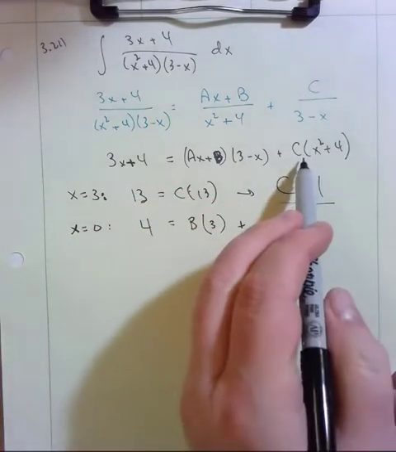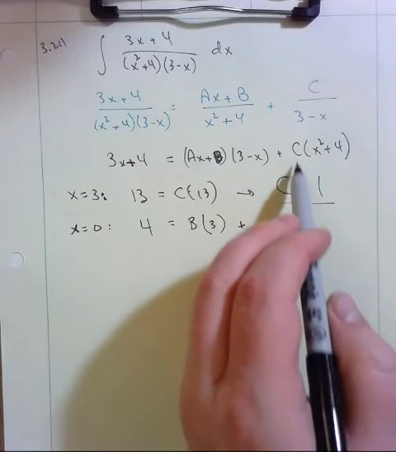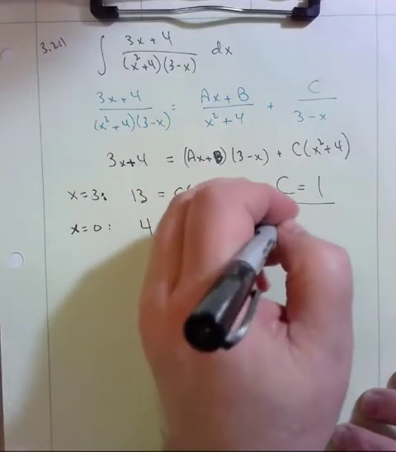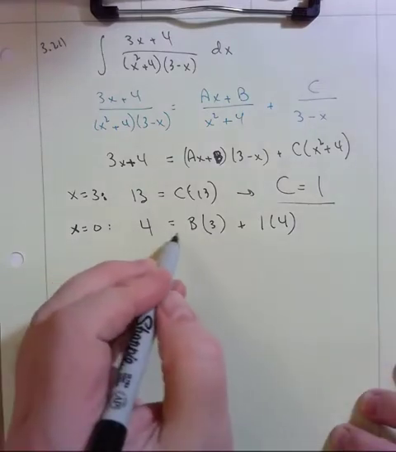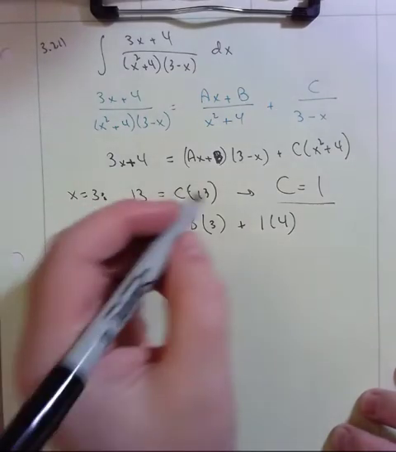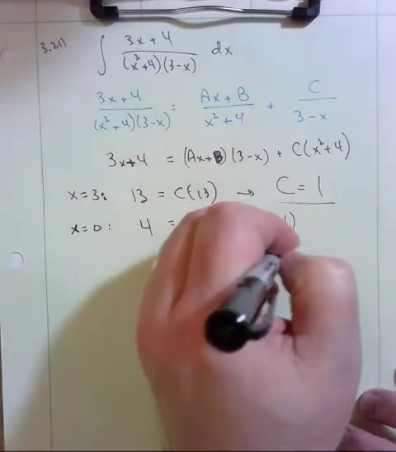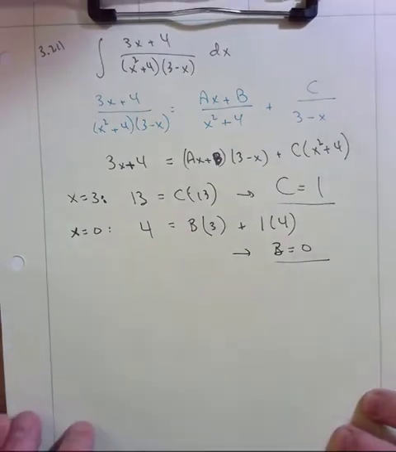And over here, when x is 0, this is a 4, but c we now know to be 1. So we can finish off that side like so. And then this is 4 equals 3b plus 4. The 4's cancel. 3b is 0. So we've now discovered that b has to be 0.